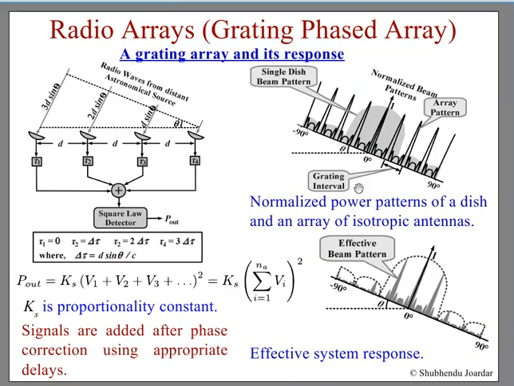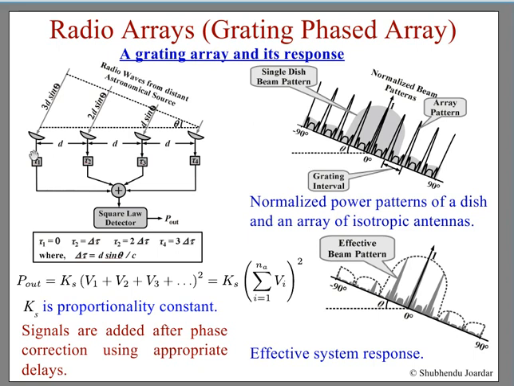Okay, and a grating array and its response. I was always saying that you have to multiply the array factor with the radiation pattern of the individual antenna. For isotropic antennas you get the array factor, and you multiply it with the pattern of the actual antenna.